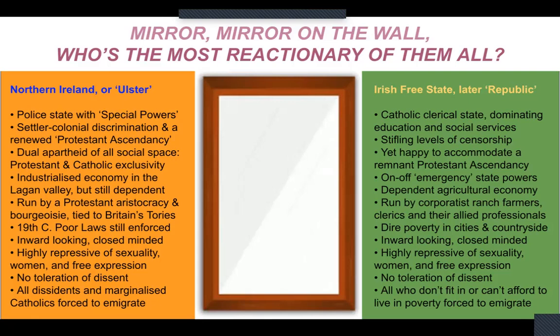Both states have some quite strong differences, but they also have quite strong similarities. For instance, if we look at Northern Ireland, which I put in orange on the left, you basically have a police state that has special powers of mass detention and arbitrary arrest.